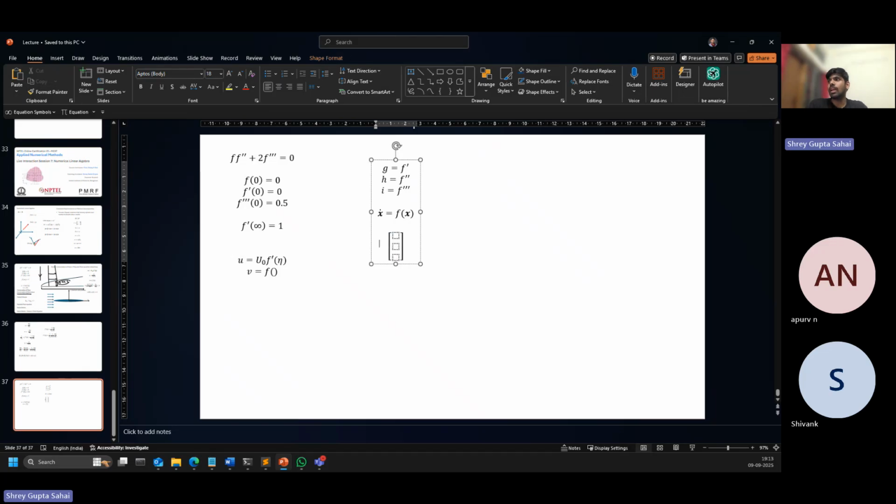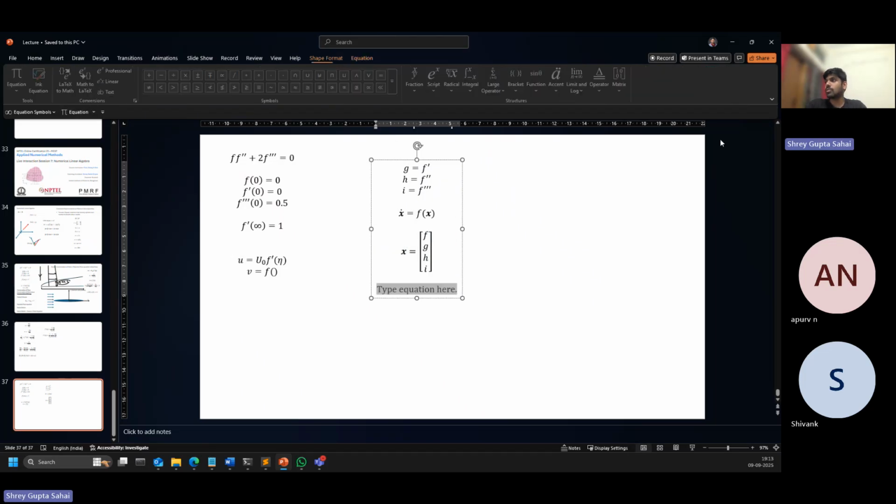This is something you will have to do multiple times when solving ODEs, so you need to know it. Let's take F, G, H, and also I. Then we will write f of x also.